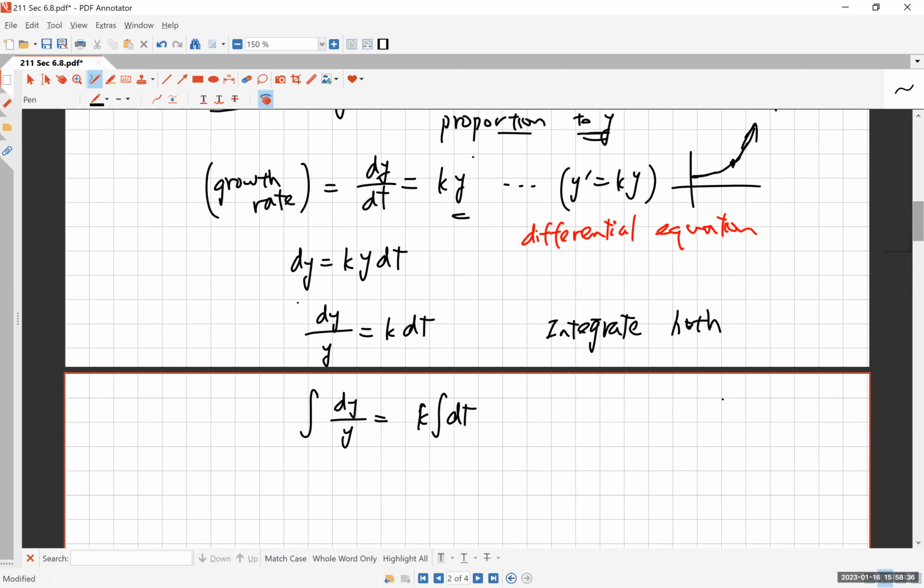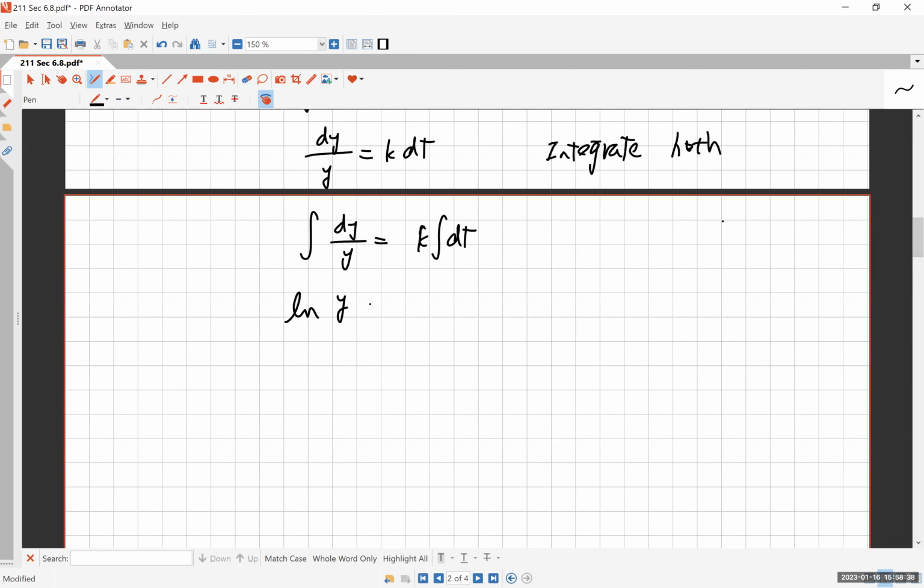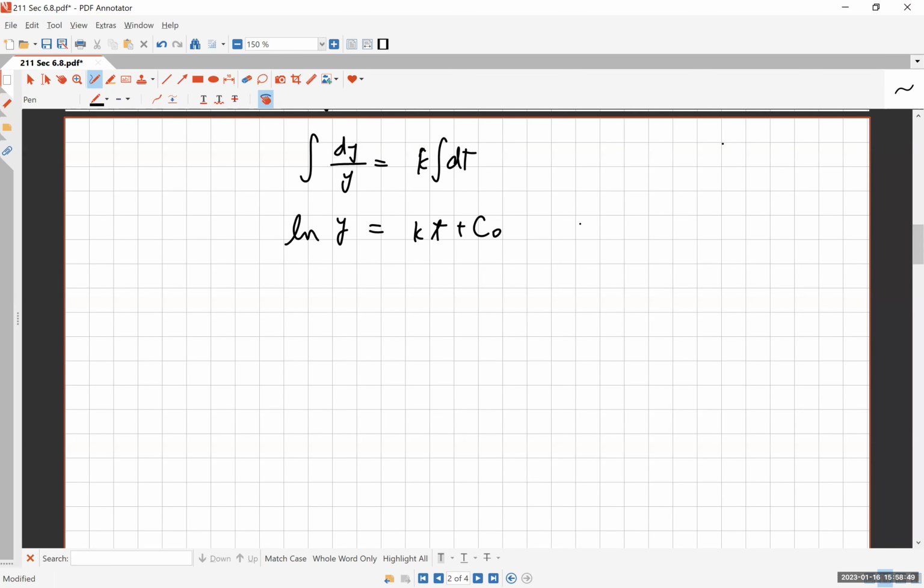And you get the natural log of y equal to kt plus C, let's call it C naught because you'll see why. Now, it's actually the absolute value of y, but we assume that y is some quantity like the population that is positive, so we just remove the absolute value sign. So the log of y is this.